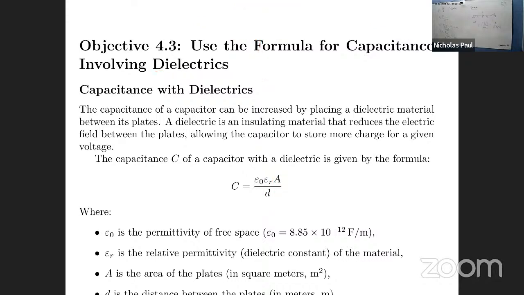So let's see what all this means. The capacitance of a capacitor can be increased by placing a dielectric material between the plates. If we have the plates and we change the dielectric in the middle, we will be able to adjust the capacitance value.